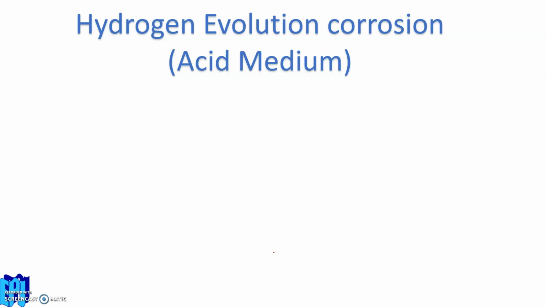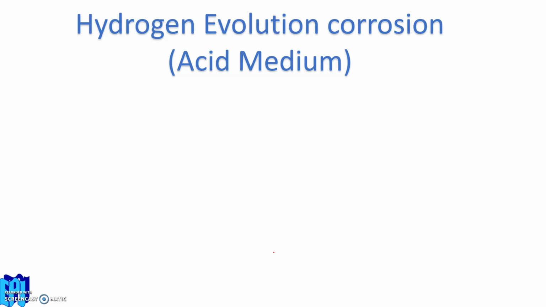What do you mean by hydrogen evolution corrosion? Just read it from the back: corrosion, evolution, hydrogen. That's the meaning. There is a corrosion taking place, and along with this, hydrogen gas is evolved.